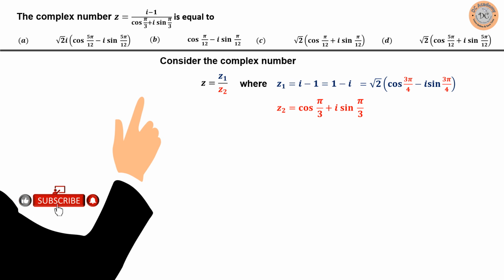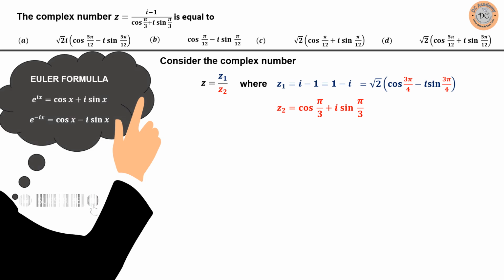So here we will recall the Euler formula. What does the Euler formula say? e to the power ix is cos x plus i sin x, and e to the power minus ix is cos x minus i sin x. If I use this formula in z1 and z2, then we can easily obtain z1 as root 2 e to the power i 3 pi by 4, whereas z2 is e to the power i pi by 3.